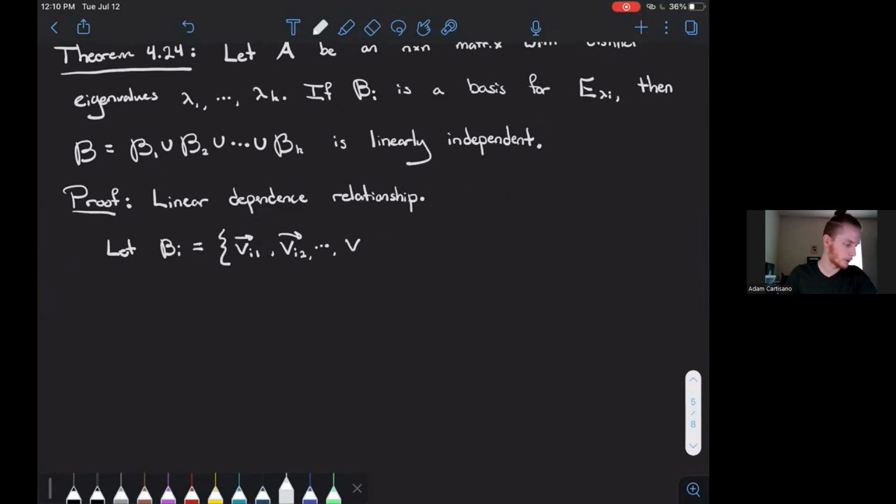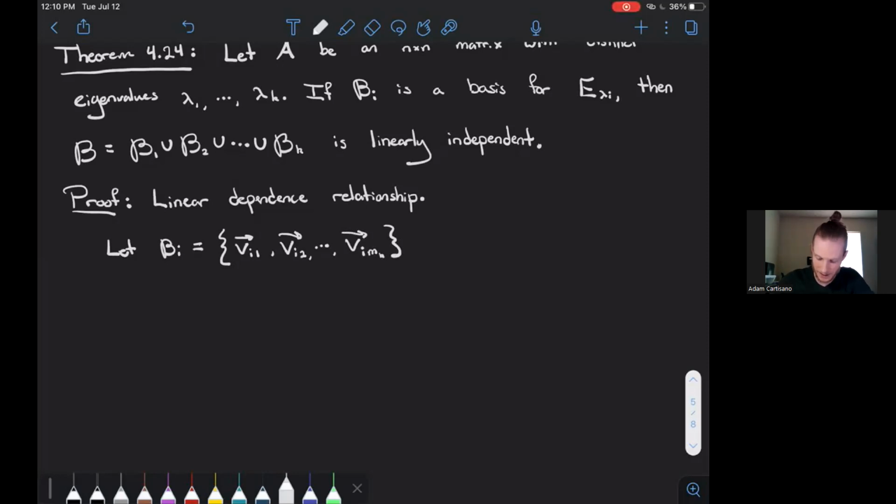I have to be careful about my subscripts because this is going to get pretty intense. Okay. What have I done? It's not so bad.